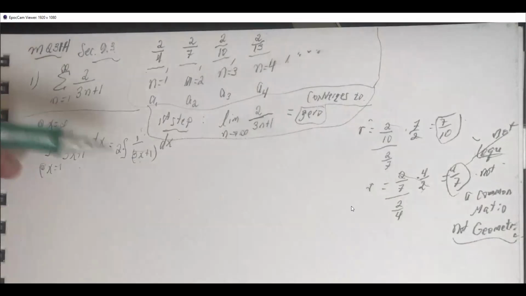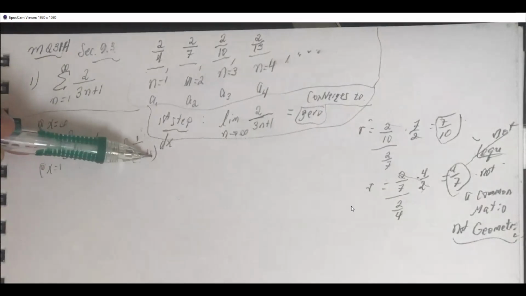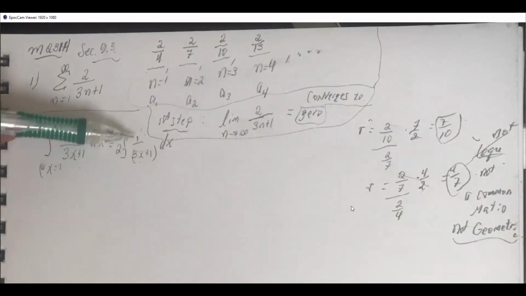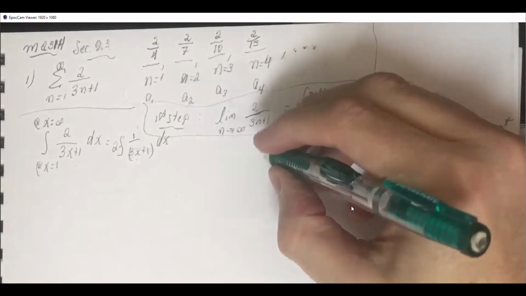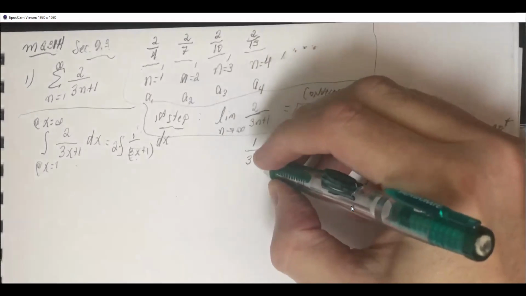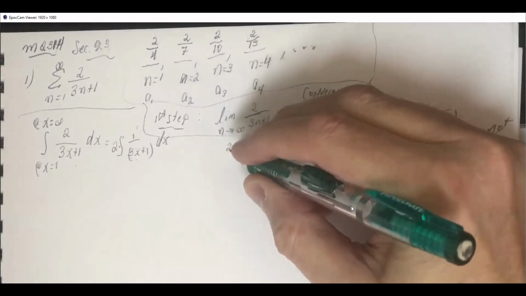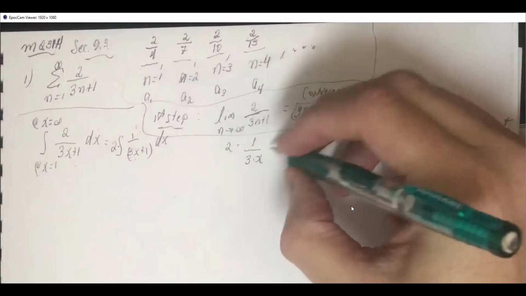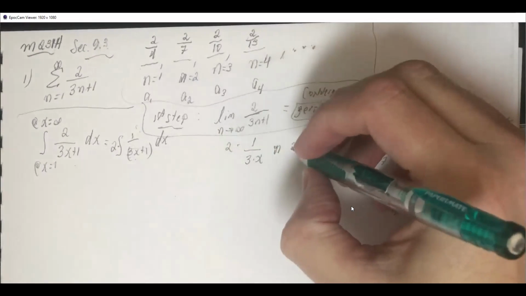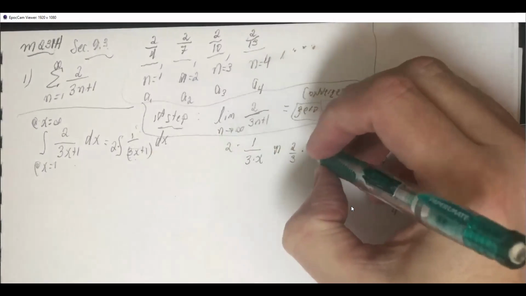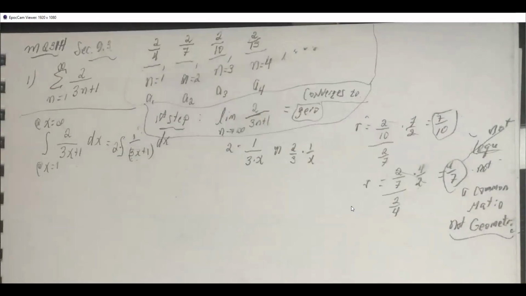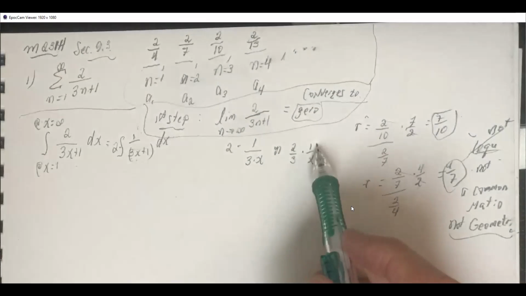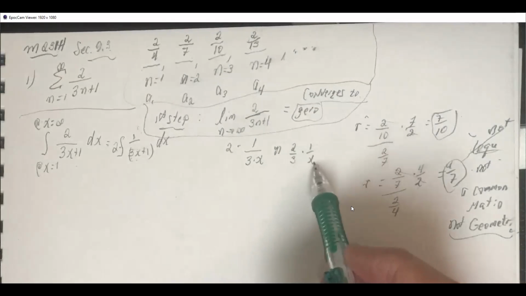You cannot take it out. If there was no plus 1, then this is 3 times x, and it would just be 1 over 3 times x. And if that was the case, then it wouldn't matter, we could write this as 2 over 3 times 1 over x, because numerator times numerator is still 2, bottom times bottom is 3x.